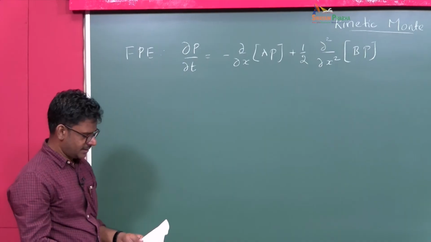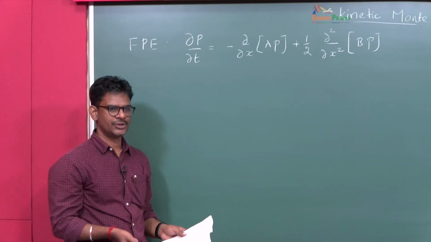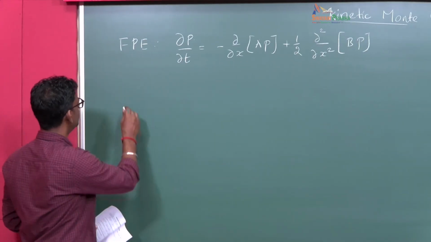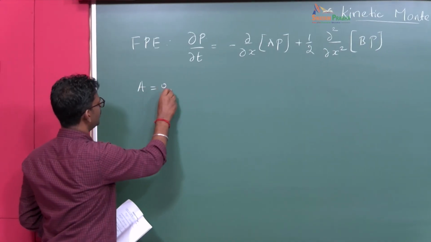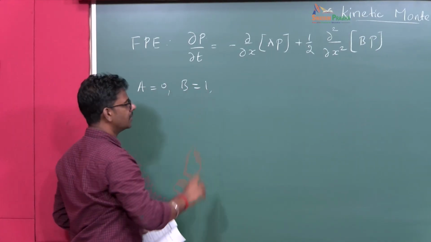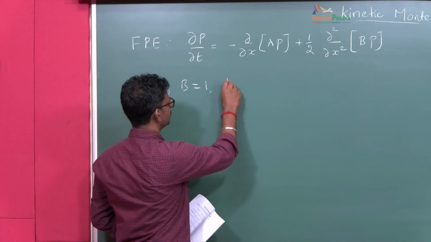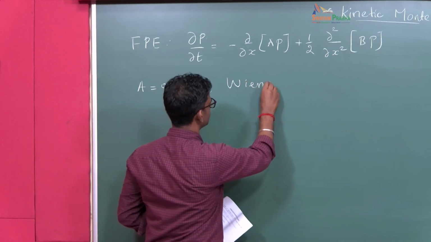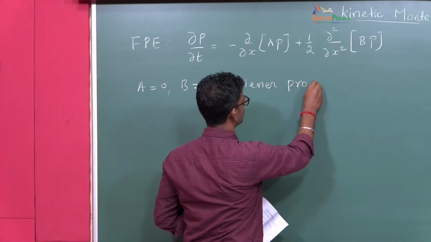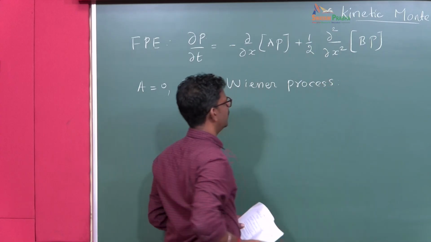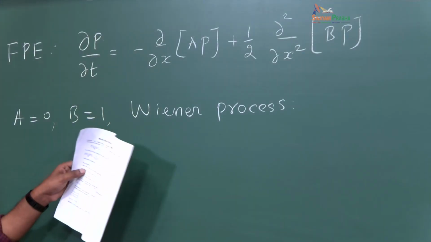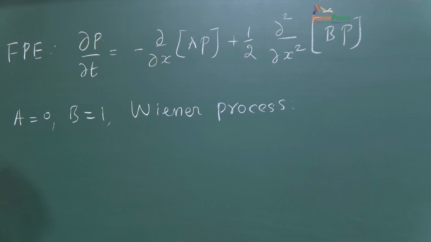We already noted that there are some cases for which an analytical solution was possible. For example, if I take a equal to 0 and b equal to 1, we call this the Wiener process. And we also saw that this problem has an analytical solution.